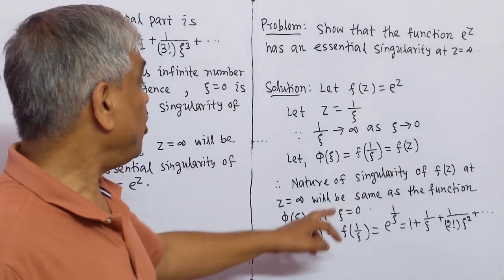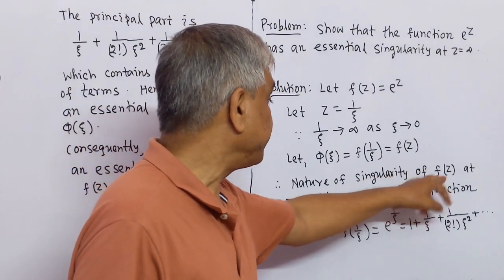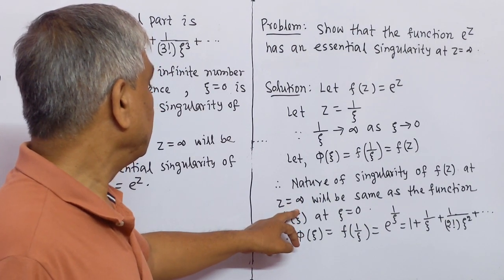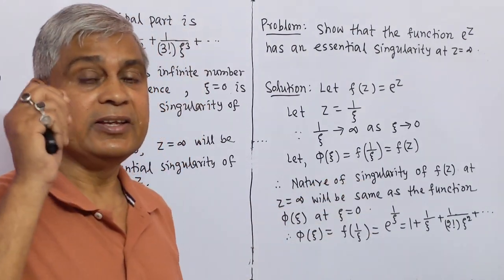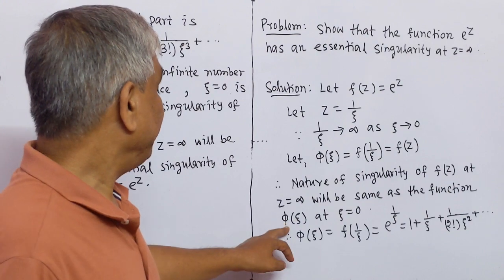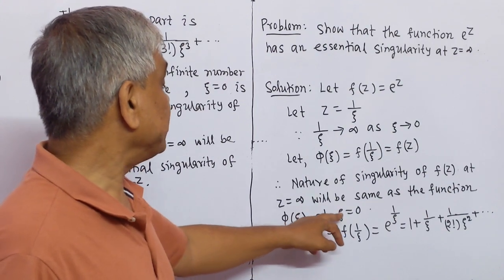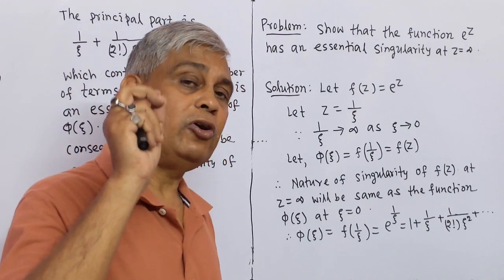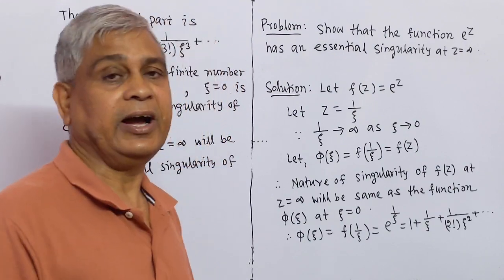Therefore, the nature of the singularity of f(z) at z equal to infinity will be the same as that of the function φ(ξ) at ξ equal to 0. In the theorem, we have already proved this idea.